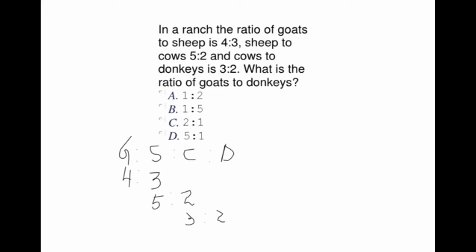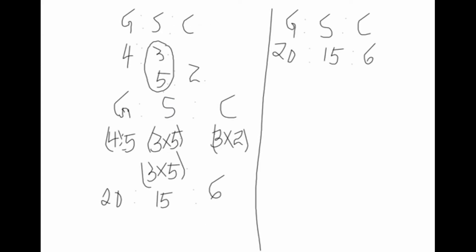And cows to donkeys, we have 3 to 2. So 3 we are going to multiply by the upper ones, then 6 we multiply by the lower ones.